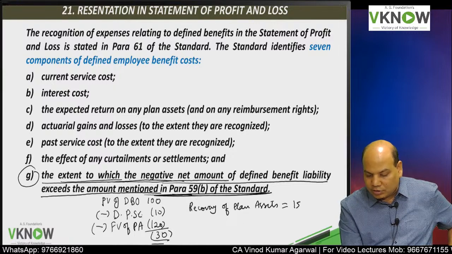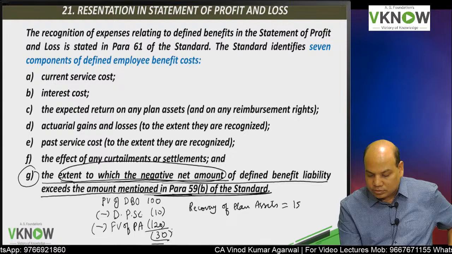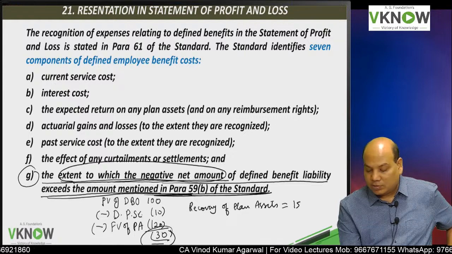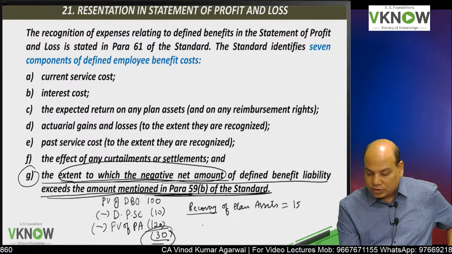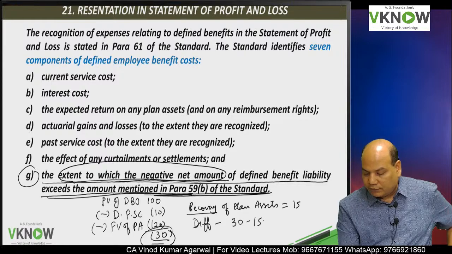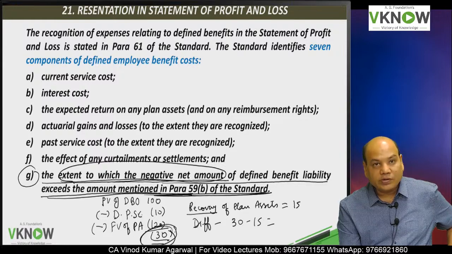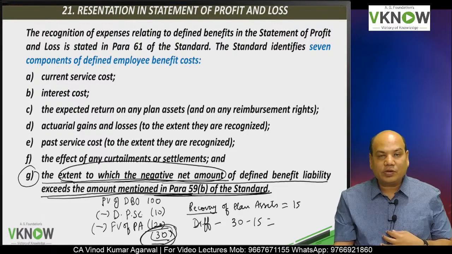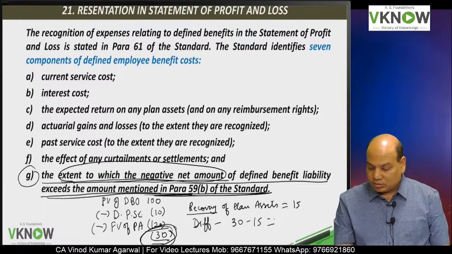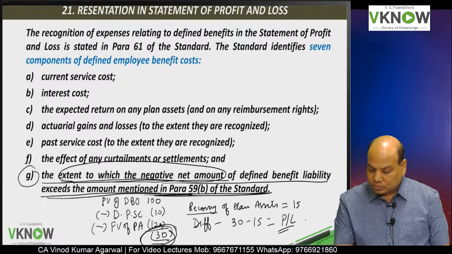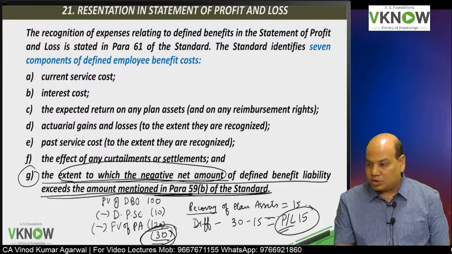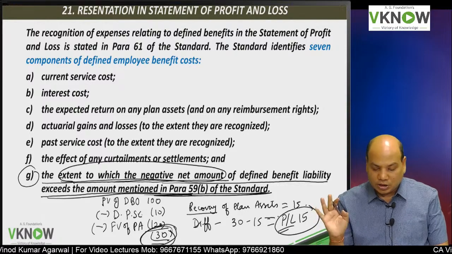Now you see the extent to which negative net amount, that is 30, exceeds the amount mentioned in para 59B, means recovery. This difference between 30 and 15, amount you got as negative balance, amount that you can keep in the books is equal to maximum recovery will be transferred to P&L account 15. So these are my 7 components in P&L account.